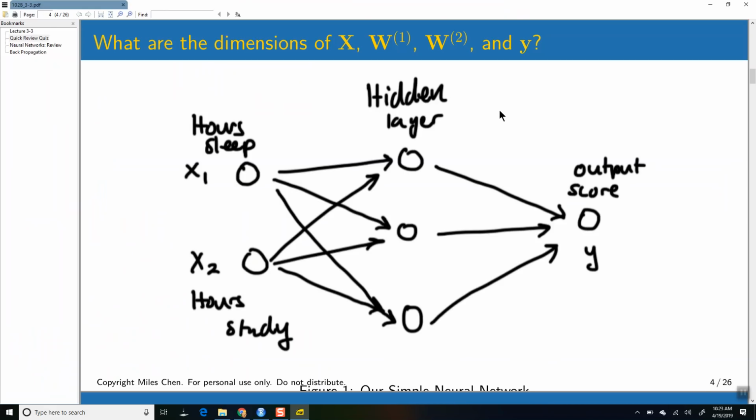So, if this is our neural network, this is kind of where we started off. What are the dimensions of x, the dimensions of w1, w2, and y, okay? You can talk to your neighbor if you want.